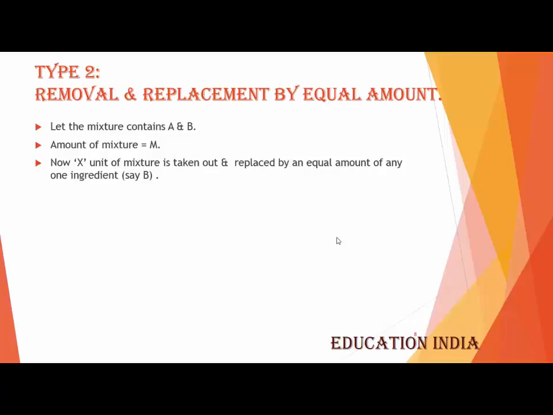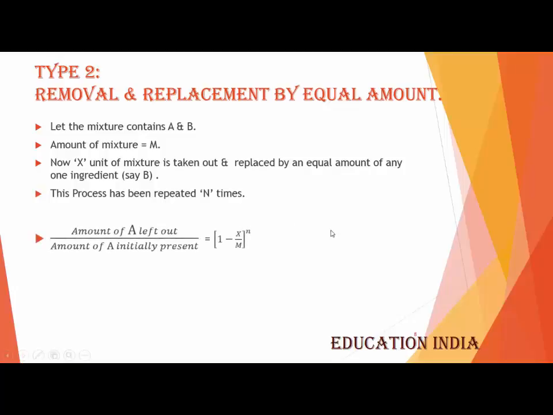Now let's say that we have a mixture of milk and water, a total of 10 liters, and we take out 1 liter from the mixture and replace it with water. After repeating such operations n times, what is the amount of milk left in that mixture? This is shown in this formula.